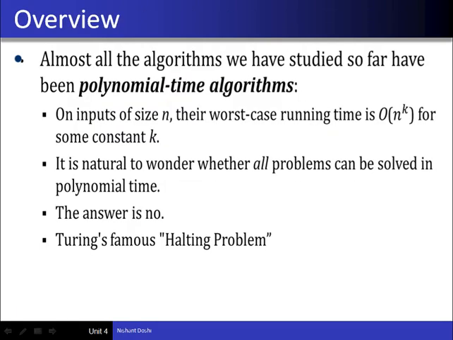First question: what do we mean by a polynomial time algorithm? As it suggests, the main criterion is n raised to k. You can take any algorithm. If you take quick sort, it's either n square or n log n. If you take merge sort, it's n log n.